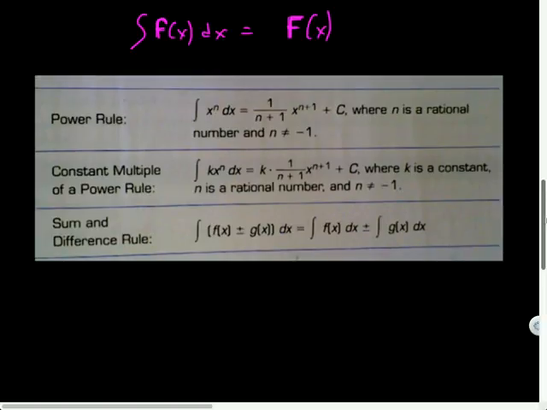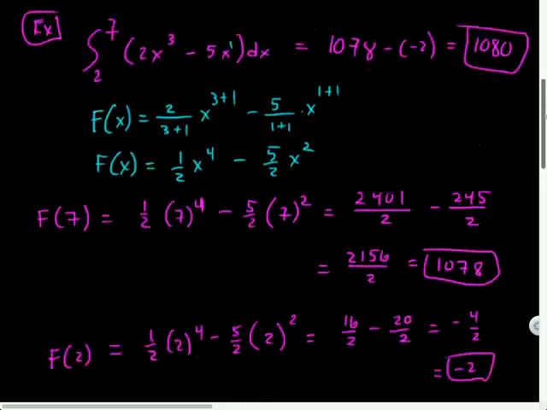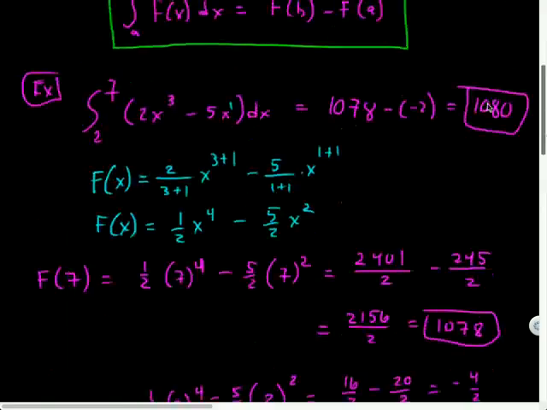Actually, one more thing about notation is, once you found cap F of x, sometimes what they'll write is, I might have written an intermediate step, just so you're aware of this. You also sometimes might see this, where if I wrote 1/2 x to the 4th minus 5/2 x squared, and then they'll have this little line, and they'll have 2 and 7.